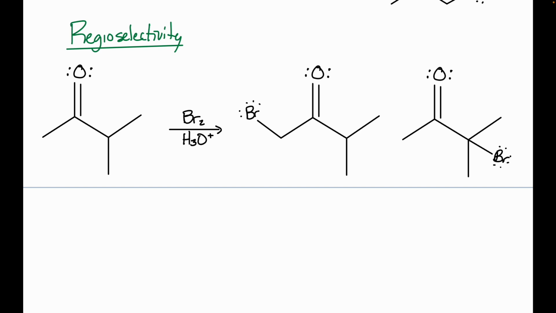One of these is our major product, and one of these is our minor product. All right, so in order to figure that out, let's think about this by looking at the enol intermediate for each one of these products.